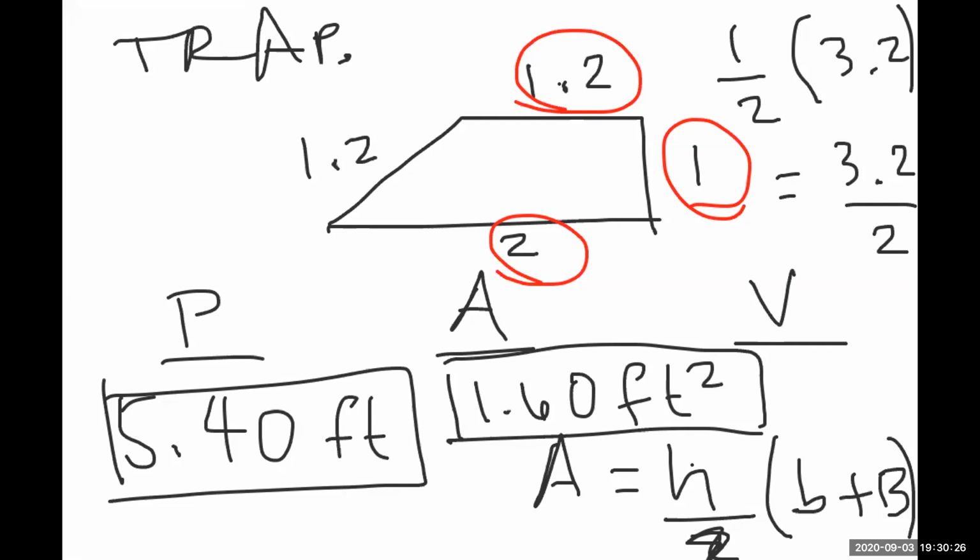Okay, so that's the area. There's your equation, the correct equation. Thank you very much. So it doesn't matter what you call little b and what you call big B. And then you can calculate the volume if it was what we would call a trapezoidal ditch.